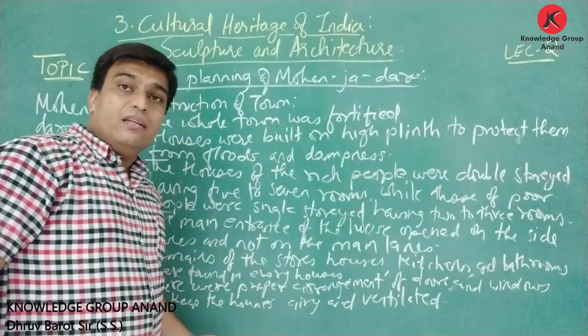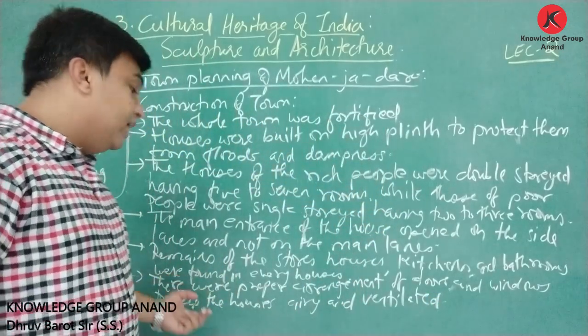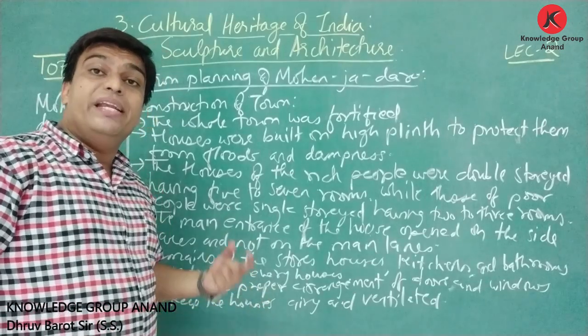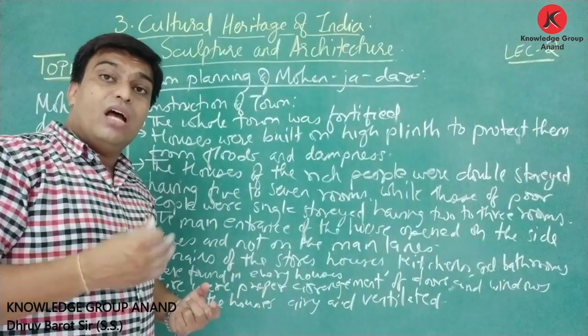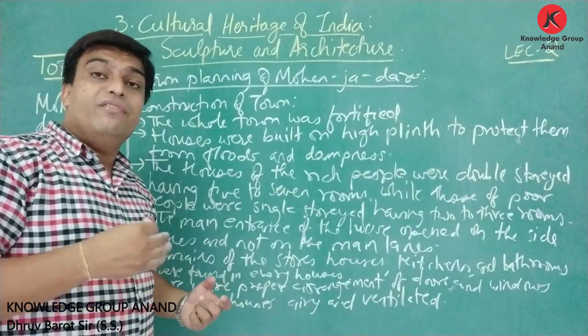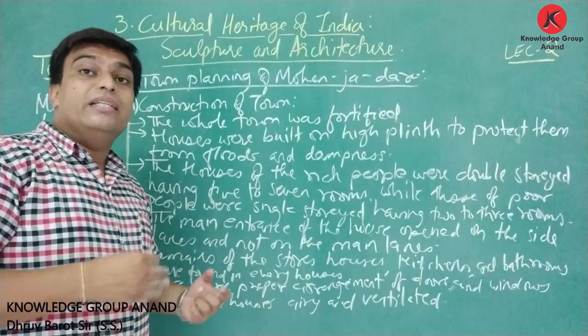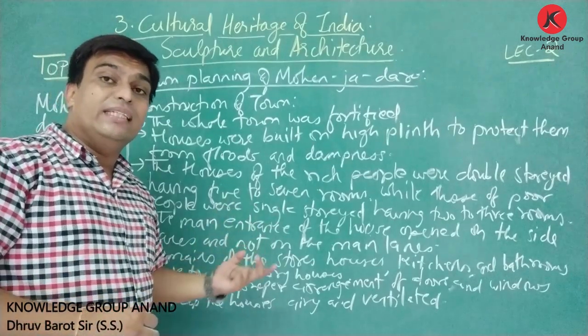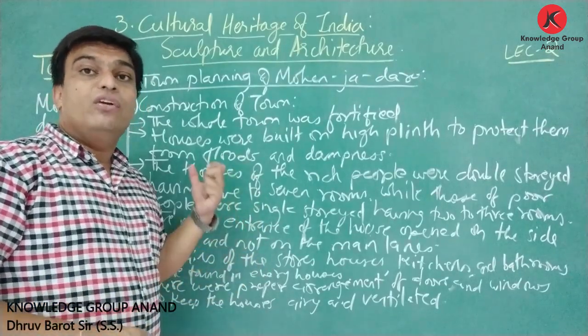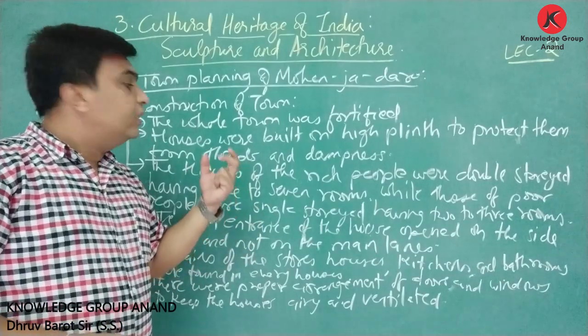To pass the air also, the doors and windows were made in such a manner that the air can pass through the house. So the doors and windows were made in such a manner that air circulation can also be maintained. So friends, here you can see about the construction of the house, or the construction of the town.